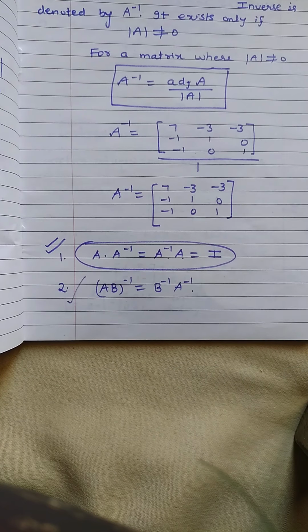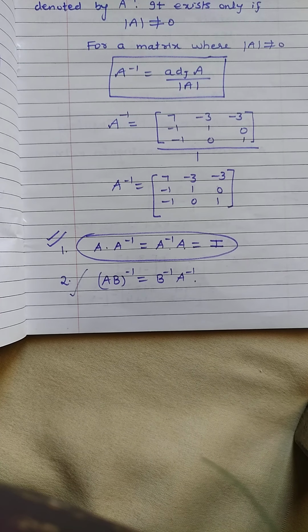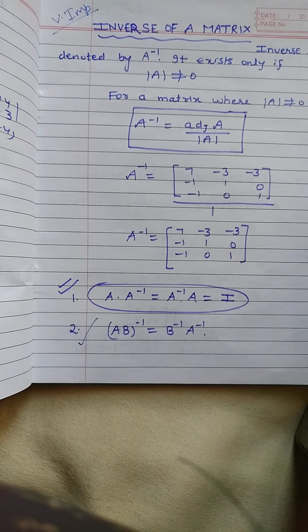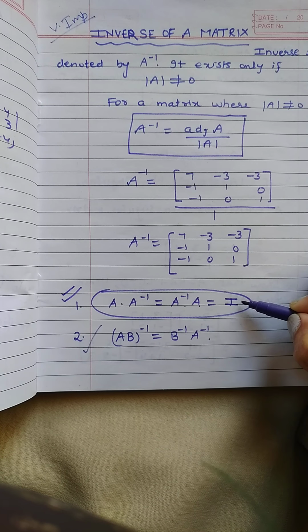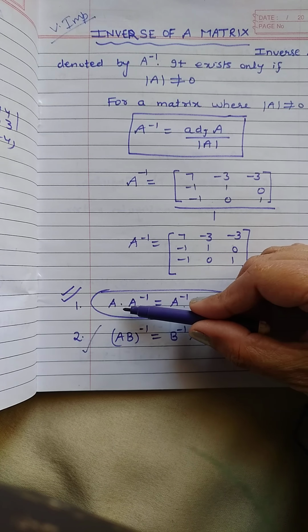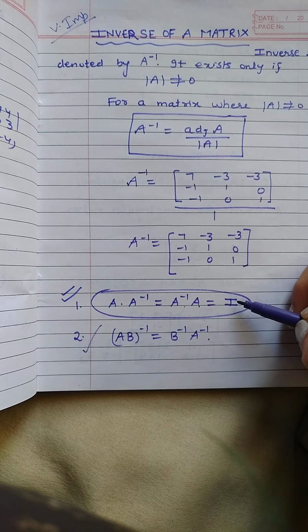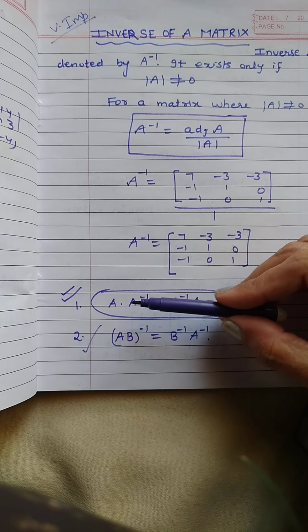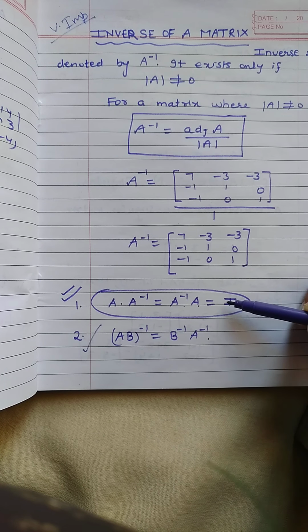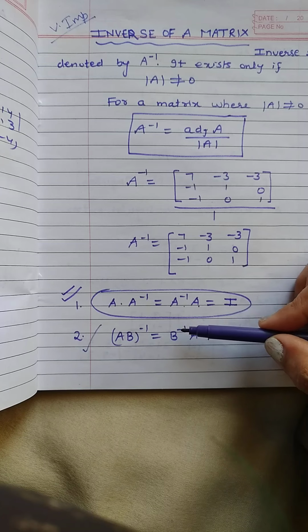Now there are two important results or properties of A inverse. And what are those properties? First property, A into A inverse is equal to A inverse into A is equal to I. Whenever a number is multiplied by its inverse, the answer is 1. And in matrices, whenever a matrix is multiplied by its inverse, the answer is the identity matrix.